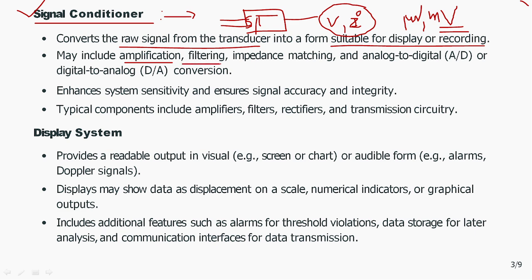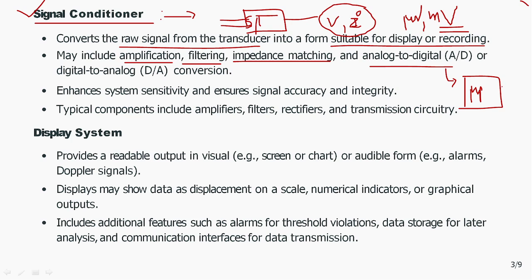Then we go for filtering, then impedance matching, then we send that signal for analog to digital conversion. Once analog to digital conversion takes place, we send that digital signal to a microprocessor or a digital signal processing unit or digital signal processor.